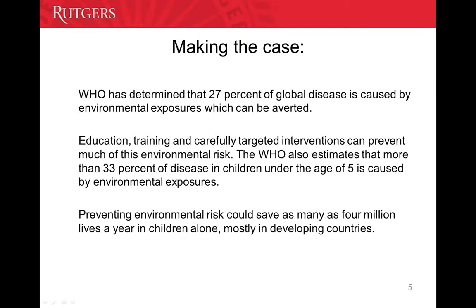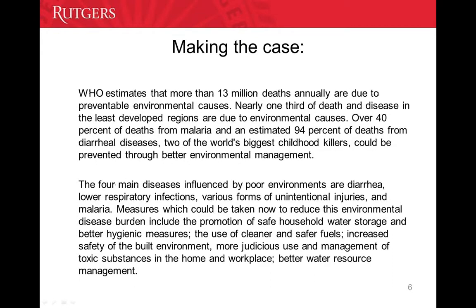And preventing environmental risk could save as many as 4 million lives a year just with children as we look at the changes in developing countries. Remember, so much of the world, 85% of the world, depending on the World Bank definition and others, is considered developing as opposed to developed where we all reside.